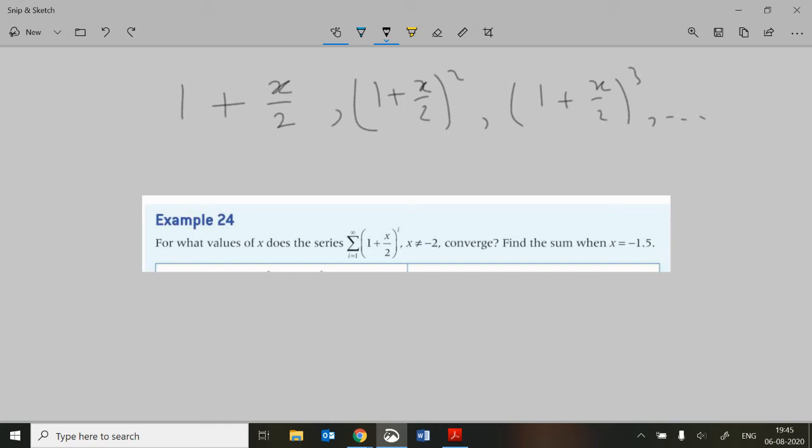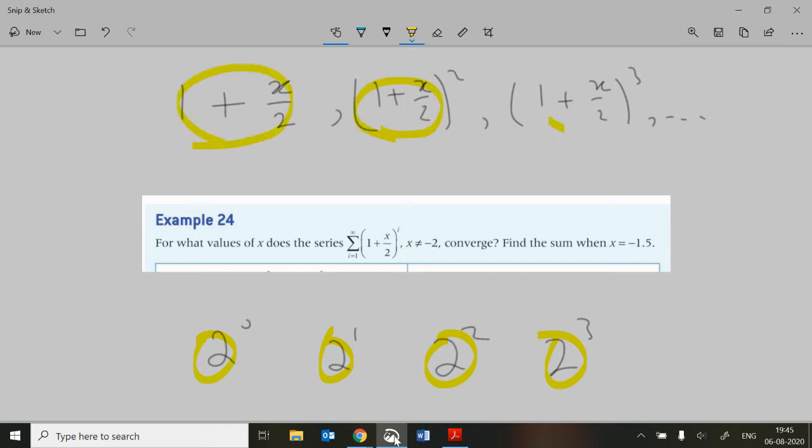Now, you can see that it's in the format of a geometric sequence. That's not easy to see. But for example, let's look back at our powers of 2. We had 2 to the 0, 2 to the 1, 2 squared, 2 cubed. We had the powers increasing, and we have the same thing here.